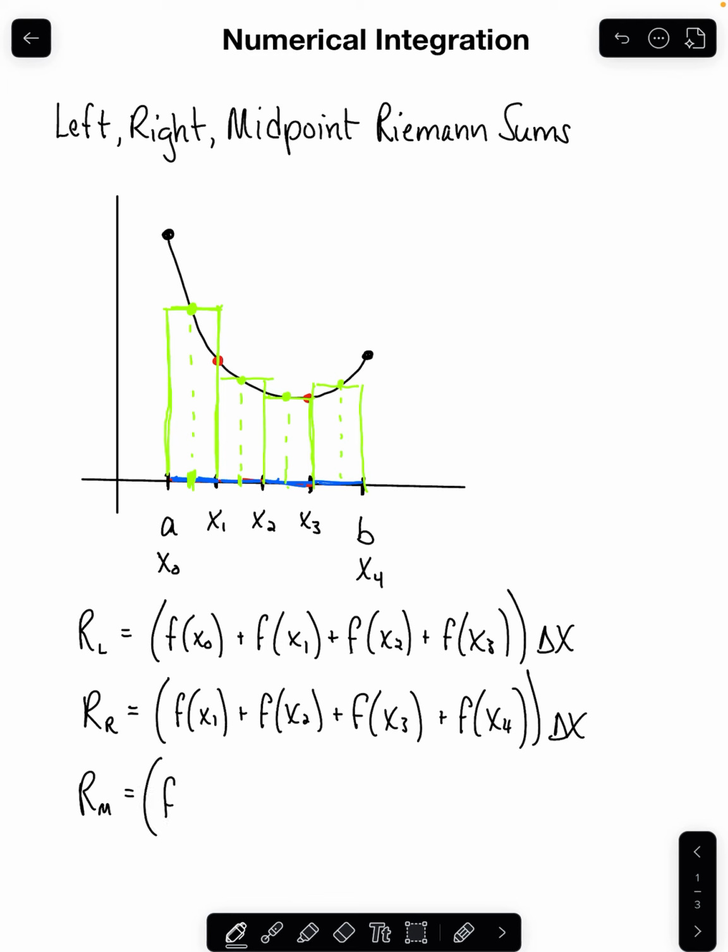Because in order to calculate the midpoint, we have to take the left and right endpoint of each subinterval, add them, and divide by 2. And admittedly, this is going to look far worse. But in practice, this actually isn't nearly as bad as it seems.